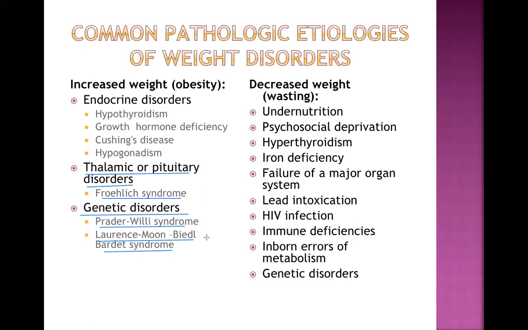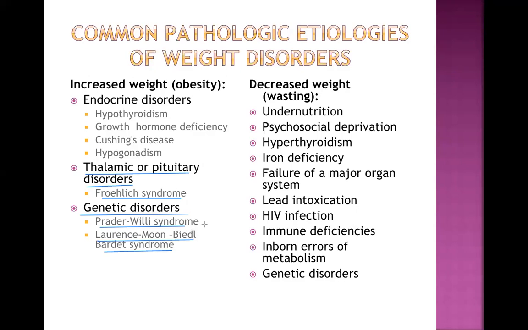Now these are difficult conditions for you, and at undergraduate level nobody is going to ask in detail about these genetic disorders because they are quite rare and they are not for your level. So if you just remember the names of these different causes of obesity, that will be more than enough.